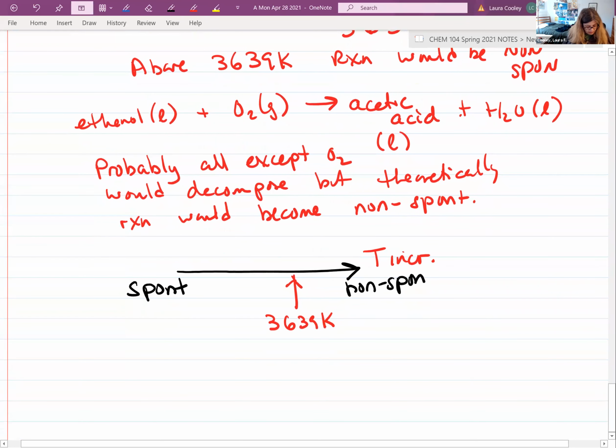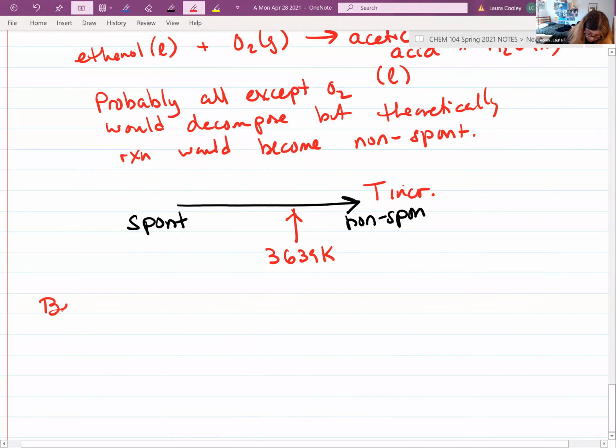All right, so basically when the delta H and the delta S have the same sign, when you multiply the delta S by negative T, you're going to have two terms with different signs. And then the spontaneity is going to depend on the temperature. So that's the one thing I wanted to tell you today. So be careful.